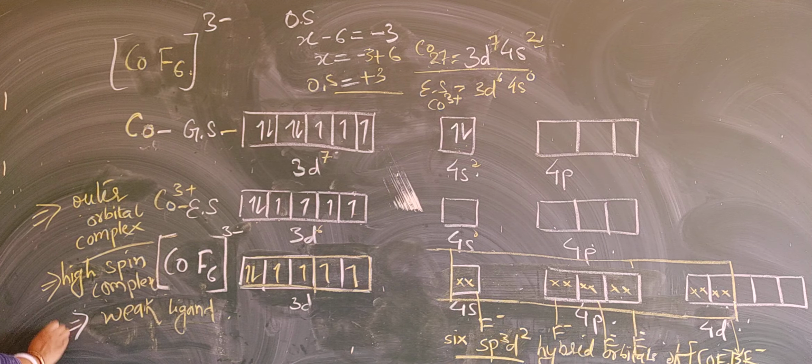The earlier one was an inner orbital complex, low spin complex, under the influence of strong ligand. And this type of bond formation involves weak ligand, high spin complex, and outer orbital complex. Understood? Please write this and draw it properly. First take the screenshot and then you can draw.